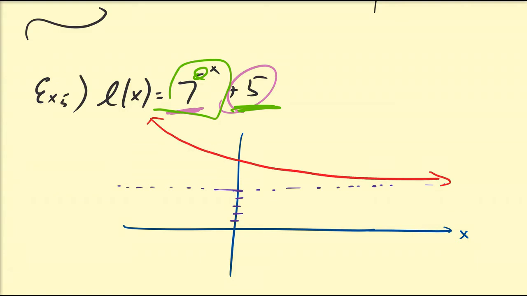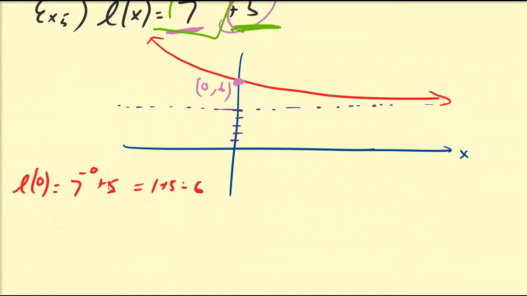Right? So if I plug in 0 here, L of 0 is going to be equal to 7 to the minus 0 plus 5, which is going to be 1 plus 5, which is going to be 6. So that means this point right here, of course this is not drawn to scale, is going to be 0 comma 6, and it's going to be an exponential decay curve because of that minus sign. And that's the graph of L.